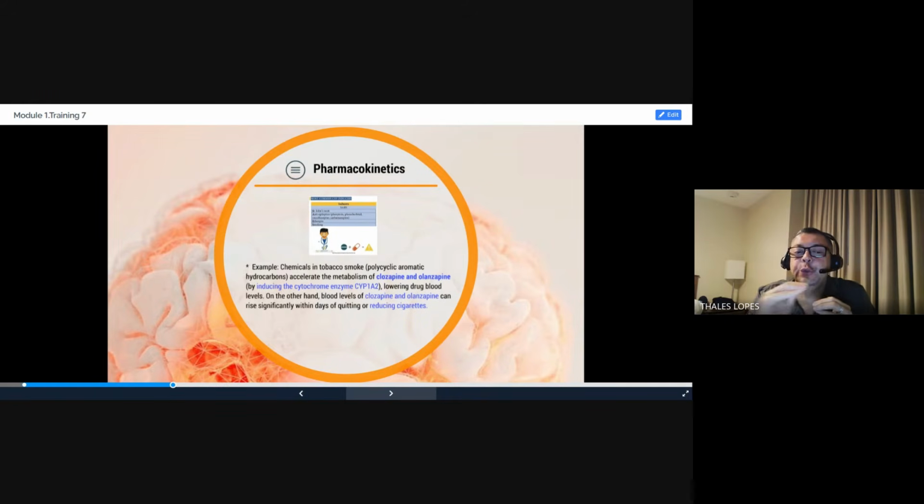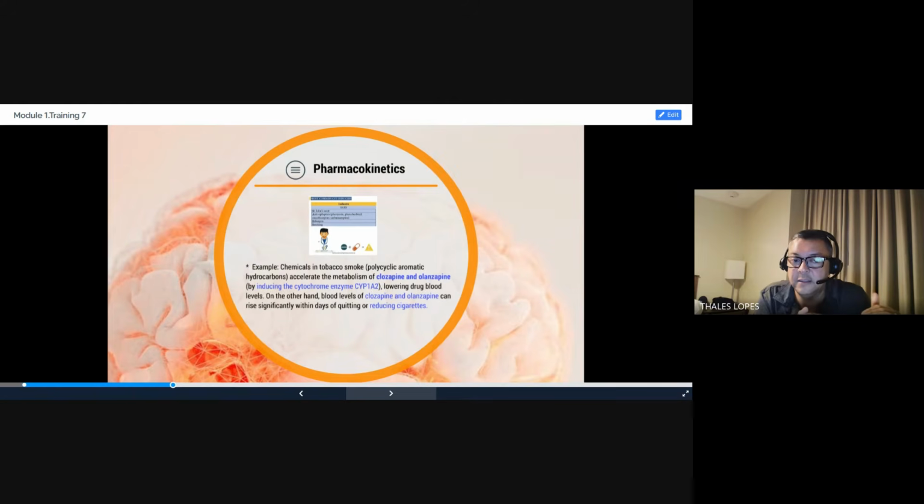There is an inducing of the CYP1A2, high yield. So for two medications, clozapine and olanzapine, the CYP involved is 1A2. Because the smoking is inducing the metabolism of the medication, it lowers the body level.